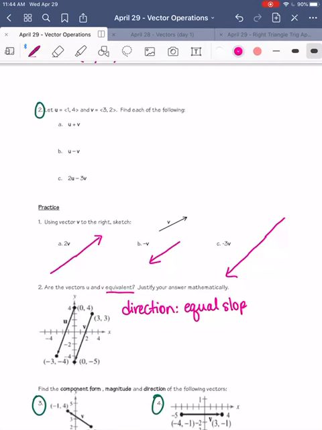And to remind you what slope is, the formula is slope m equals y2 minus y1 over x2 minus x1. Okay? And then for magnitude, we're just going to do the Pythagorean theorem.